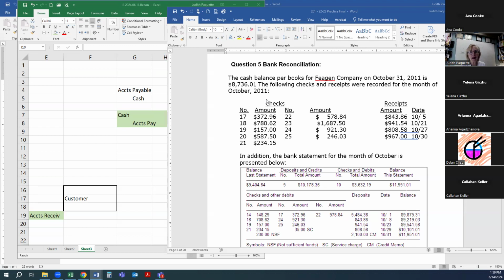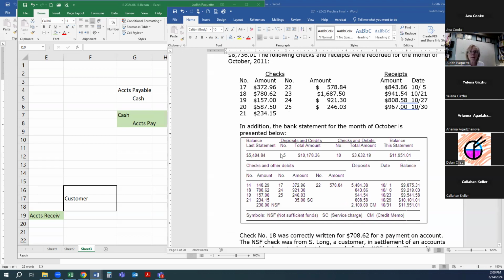This is what happened and what was recorded at the company. This is the company's records we're looking at. Now we're going to compare these, just like we did with that list of outstanding checks from the homework. We're going to compare these to what the bank says they received in October.